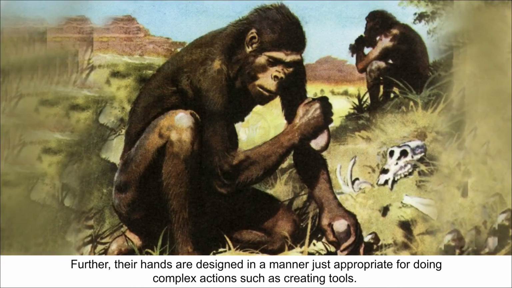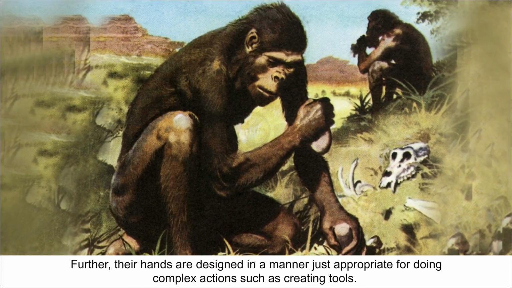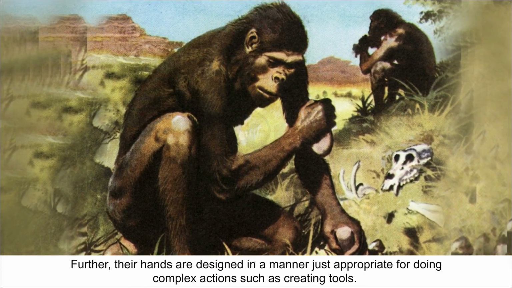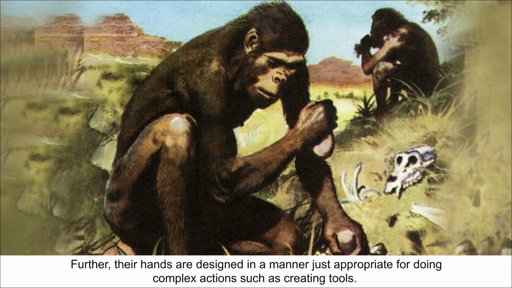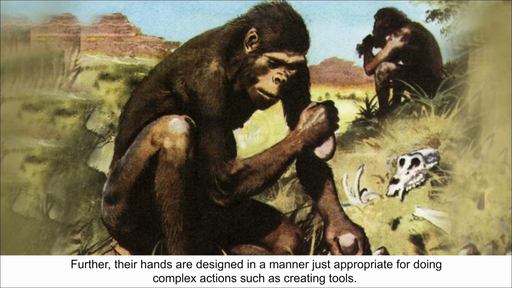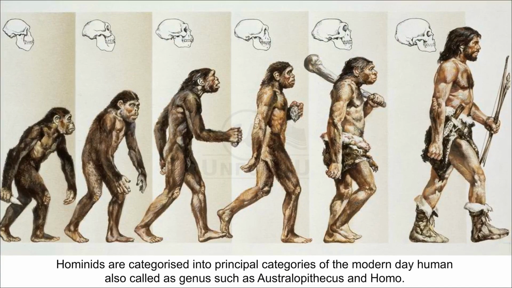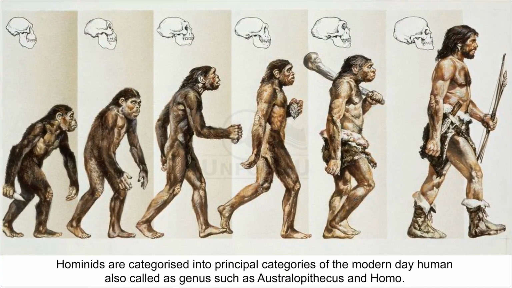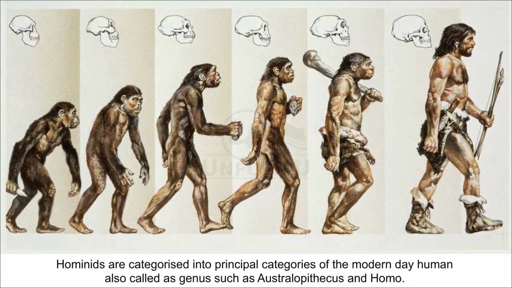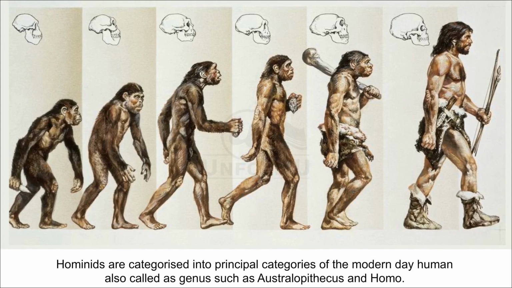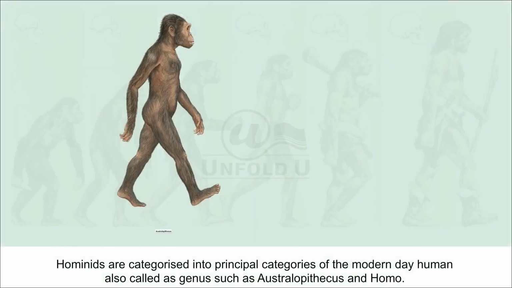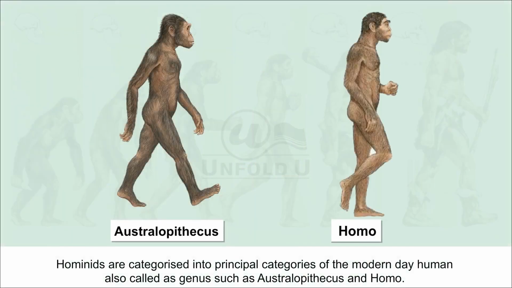Further, their hands are designed in a manner just appropriate for doing complex actions such as creating tools. Hominids are categorized into principal categories of the modern-day human, also called genus, such as Australopithecus and Homo.